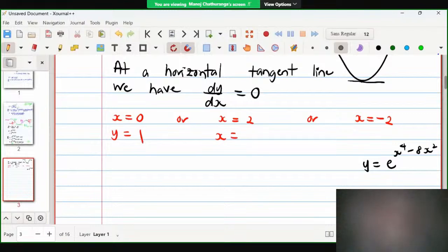When x equals 2, we substitute 2: 2 to the power 4 is 16, minus 4 times 8, which is 32. So we get e to the power minus 16.